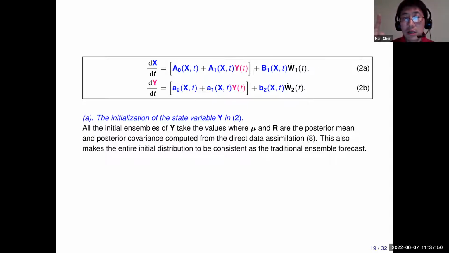So we just run data assimilation once for this original system, and we will get one mu and one r, and we use the same mu and the same r as the initialization of different conditional statistical ensemble members. But later, when we run the moment equations, these different ensemble members will be different. And the good thing about this is that this initialization will be completely consistent with the traditional ensemble forecast algorithm, because all we did was to use the classical data assimilation, except that we have closed analytical formulae here.